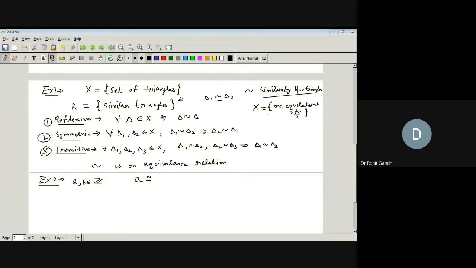That means this set contains only one triangle, that is a singleton set. The relation is similarity between the triangles. So is this relation an equivalence relation on this set or not?